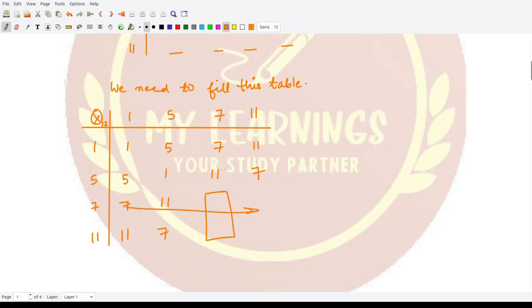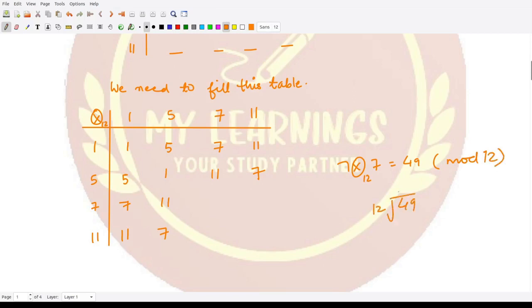So from here and from here we do not obtain any clue, so we have to calculate this particular element. So let's see what it is. 7 into 7 is equal to 49 and we have to calculate 49 mod 12, correct? So when you divide 49 by 12, it goes 4 times and 1 is the remainder. So you see this entry is 1.